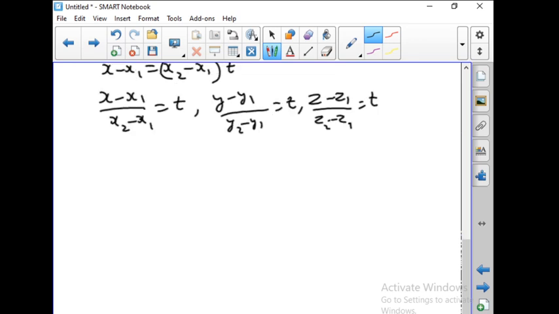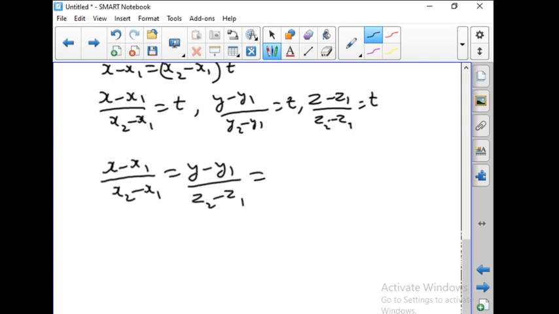So finally, we get x minus x1 by x2 minus x1 is equal to y minus y1 by y2 minus y1 is equal to z minus z1 by z2 minus z1. So this is the Cartesian form of the equation of a straight line passing through 2 points whose position vectors are a vector and b vector.